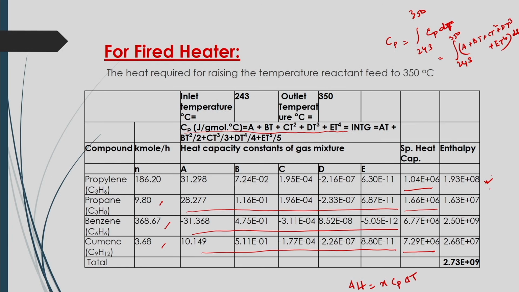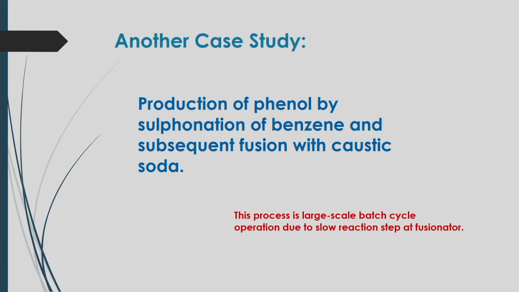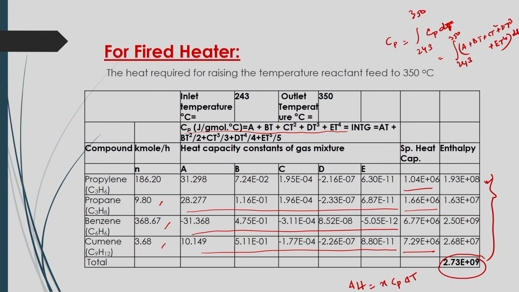Accordingly, this amount respectively for propylene, propane, benzene and cumene can be obtained, and then total enthalpy after summation you can get as 2.73 into 10 to the power 9. Okay. So, in this way you can calculate the heat required for that particular unit to raise the feed mixture to a certain temperature for further processing.